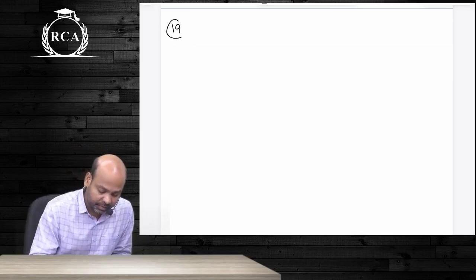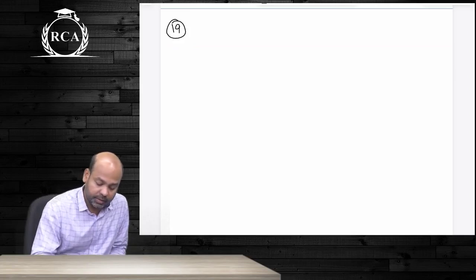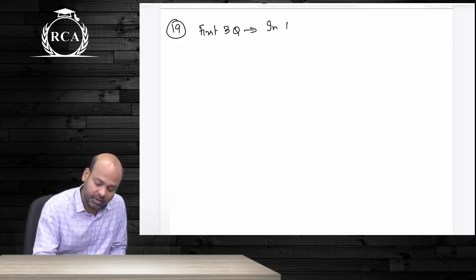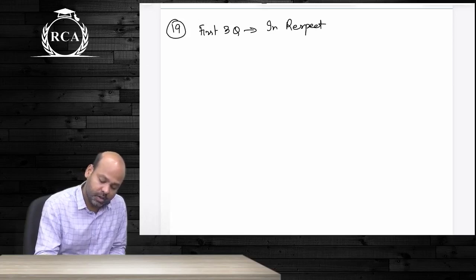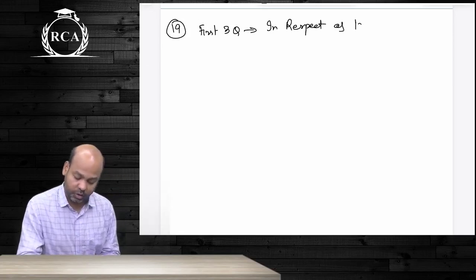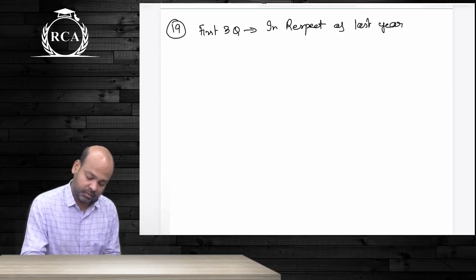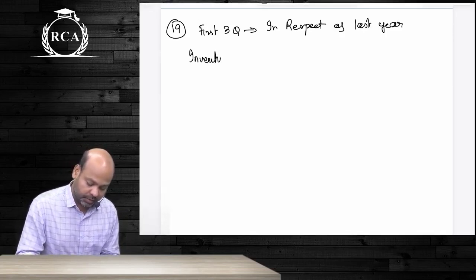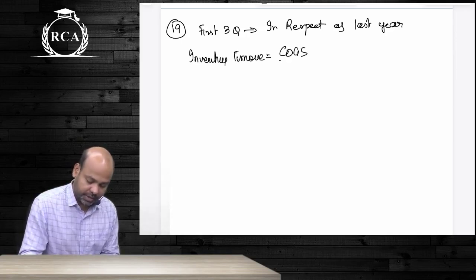Anyways, guys, let's start with the first, the 19th question. The first three bits, three questions, are in respect of last year. Your inventory turnover ratio is equal to COGS divided by closing stock.